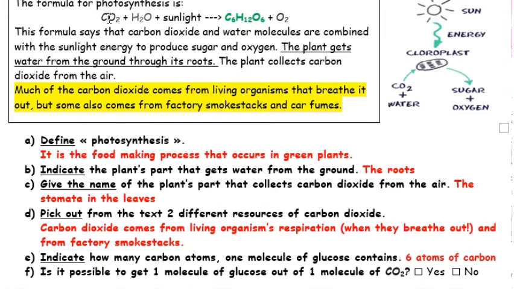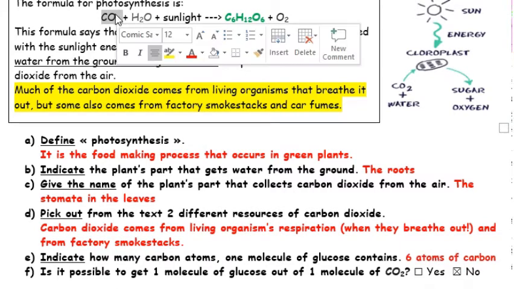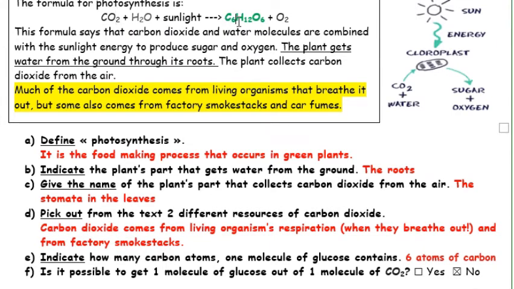We will take 1 C from each of these CO2, and then they will be given to the glucose molecule. So no, we will need 6 of this, 6 C's, to get 1 molecule of glucose.